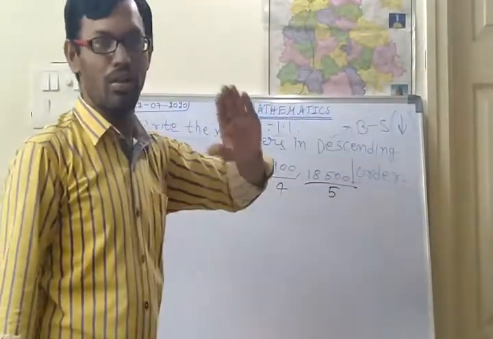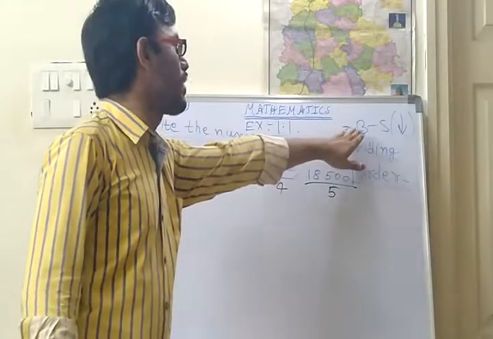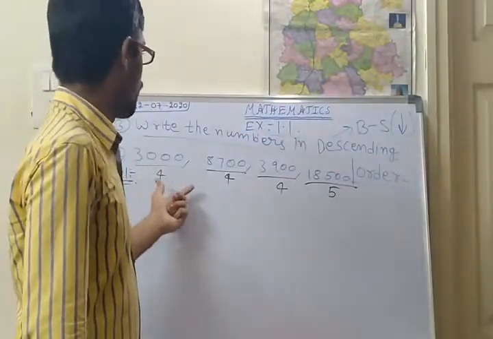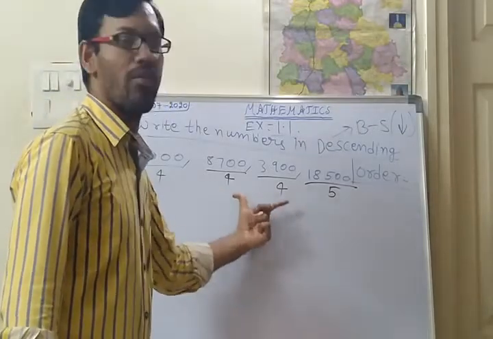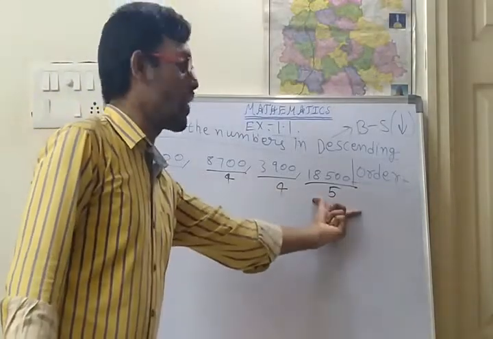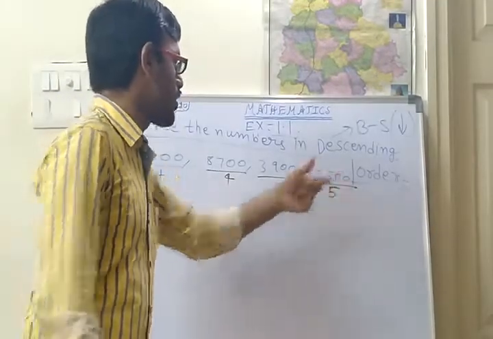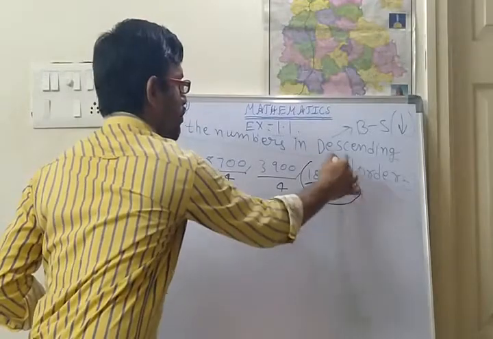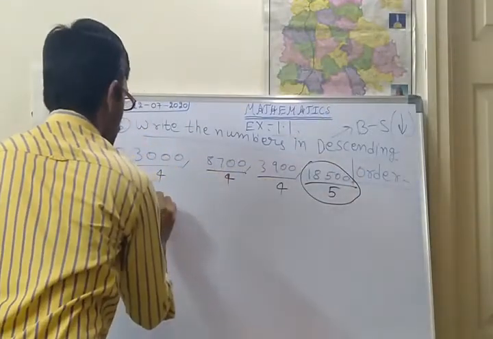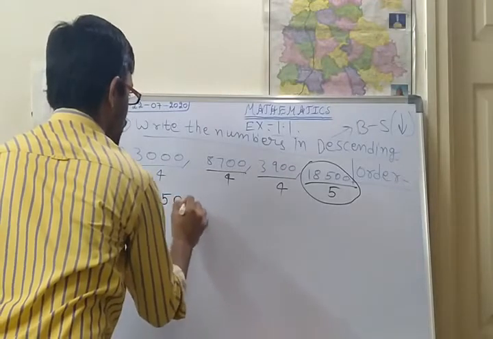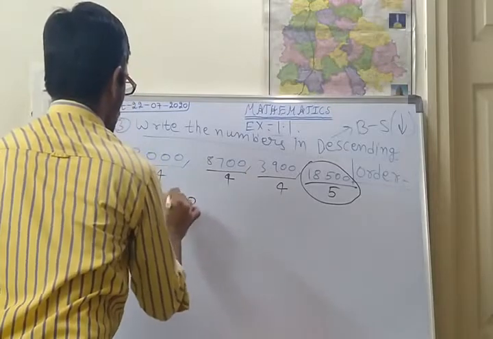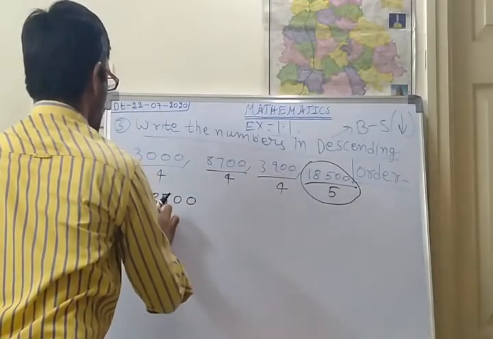So first the biggest number. Which number has more digits? Here 4, but here 5. So 18500 is the biggest number out of all these 4 numbers, so it comes first.